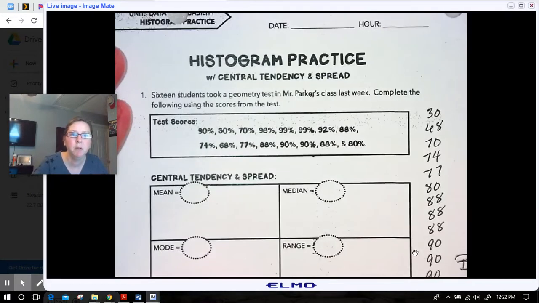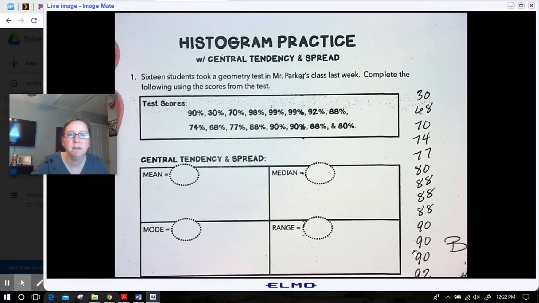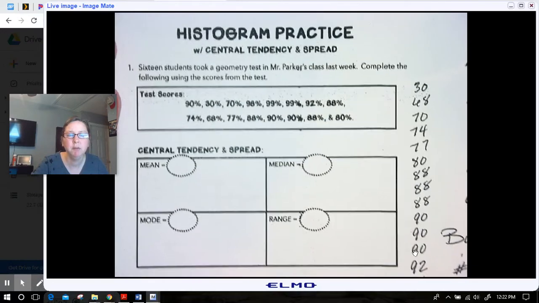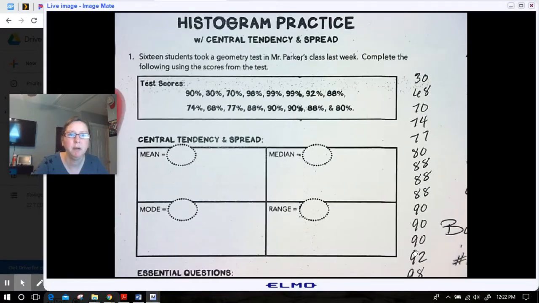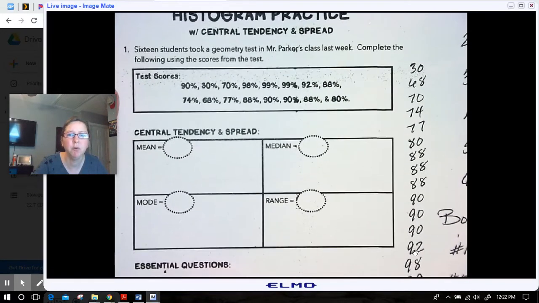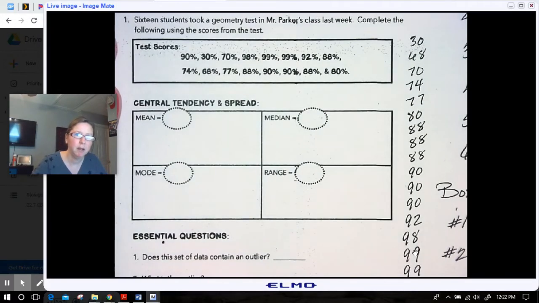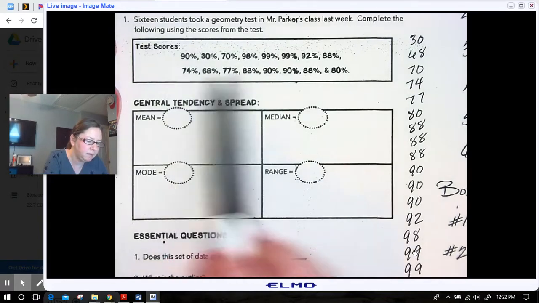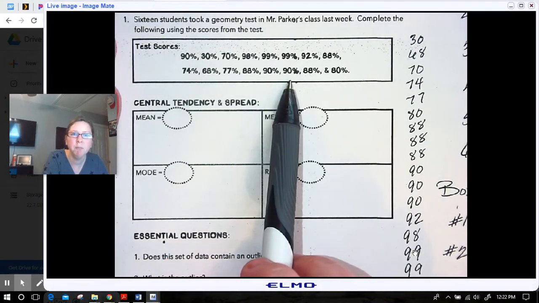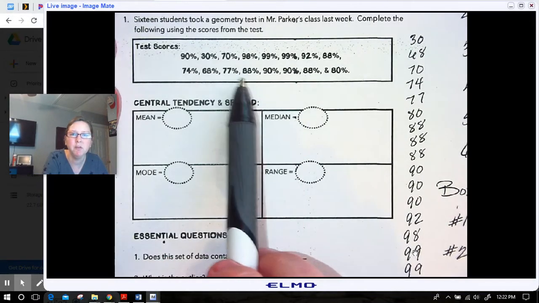Okay. So 16 students took a geometry test in Mr. Parker's class last week. Complete the following using the scores from the test. Okay, so what I've done here is I've taken all these 16 test scores and I've put them in order from smallest to largest.